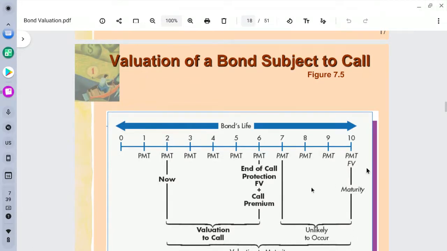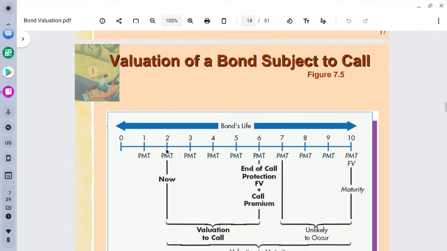We don't use 8 years for the timeline because the bond can be called in year 6, and after that you cannot use the same discount rate and the same payments.